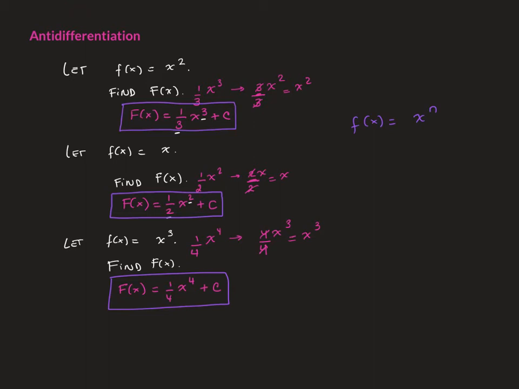For x power 3, the antiderivative was x power 4, and that same value was dividing. So it looks like the pattern is that if f of x is x power n, its antiderivative F of x is going to be x power n plus 1, 1 degree higher, divided by the exponent, n plus 1. And of course, we need to add plus c because this is antidifferentiation.